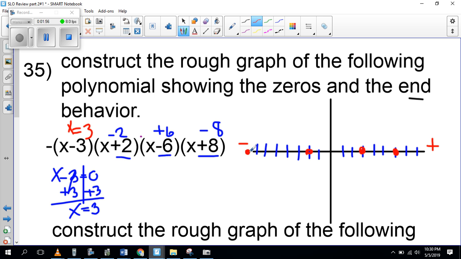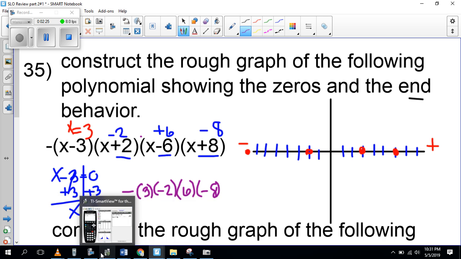Here's my negative 8. The next thing I've got to do is take the negative sign here and all the numbers that I changed, my zeros, and multiply them out to get my y-intercept. That'll be my fifth point that I'm going to have to go through.